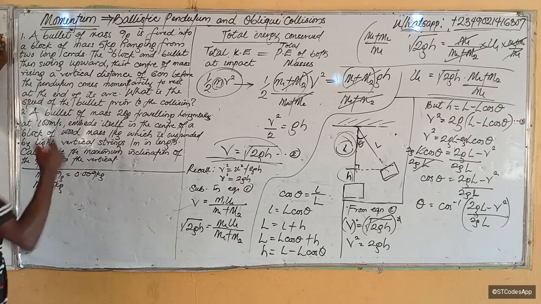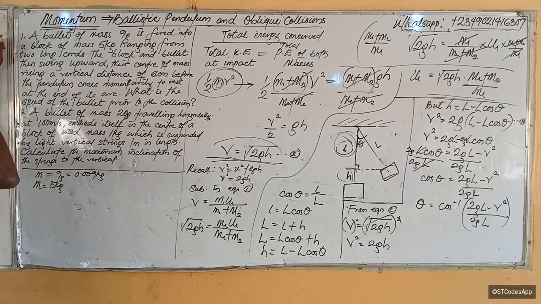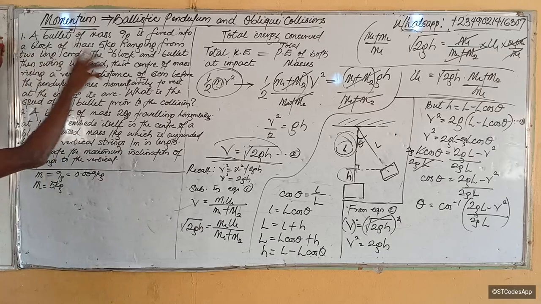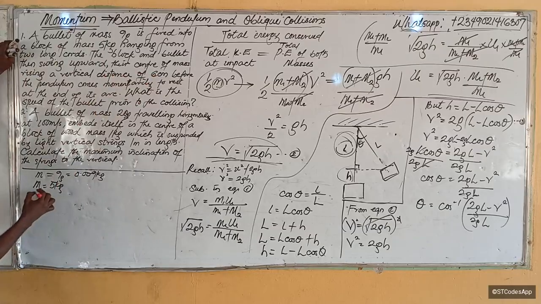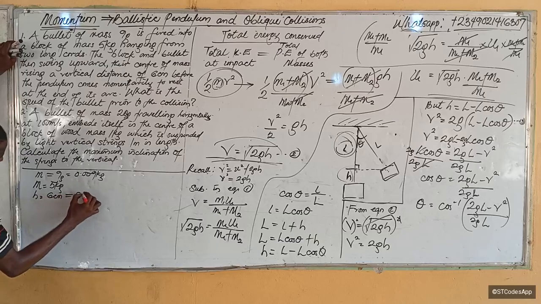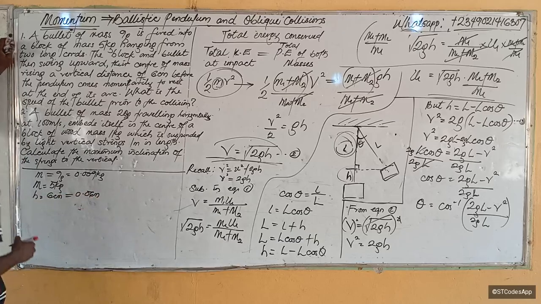The block and the bullet then swing upward, their center of mass rising a vertical distance H. H is given there, 6 centimeters, which is equal to 0.06 meters, when you divide by 100.